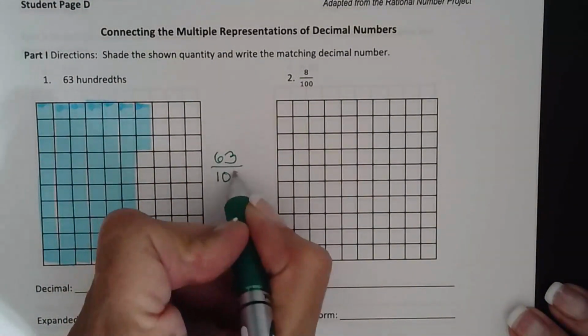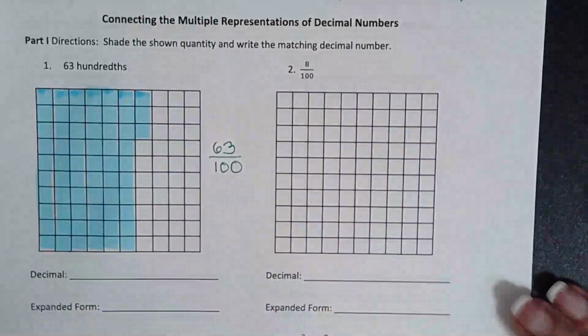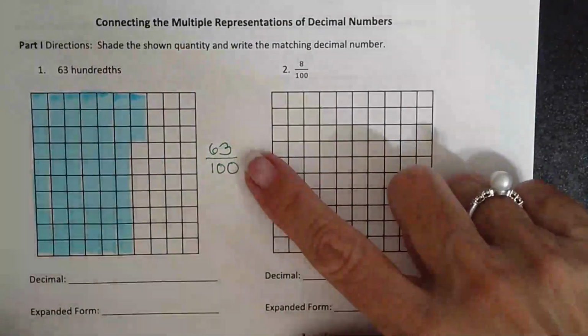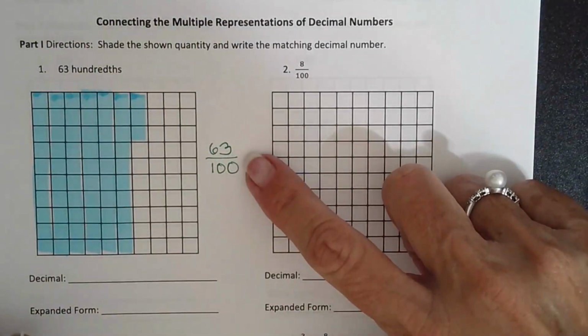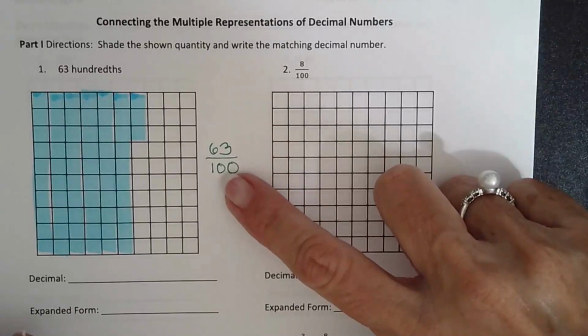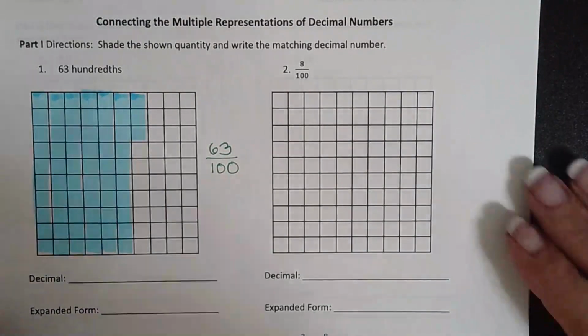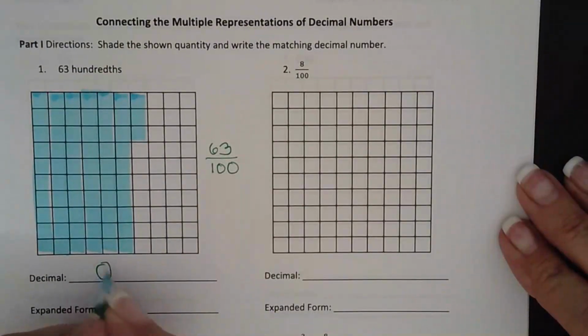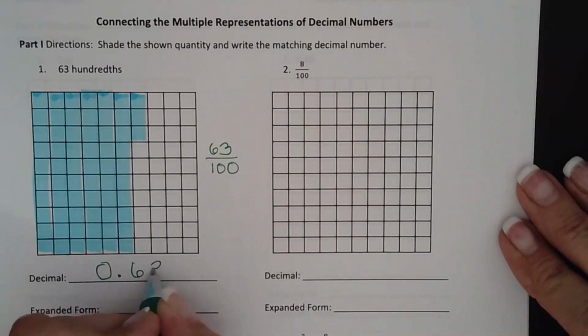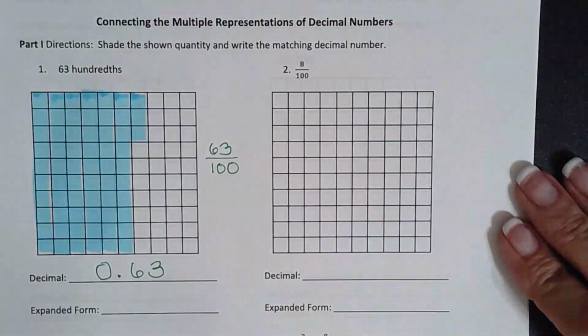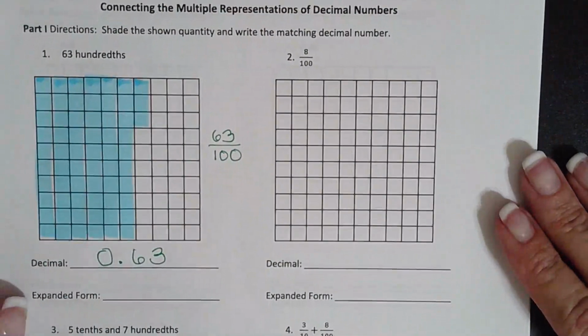So to write that as a decimal, 100 has 2 zeros. So the decimal must have 2 decimal places. That means 2 numbers after the decimal. So it'd be 0.63. And that's read as 63 hundredths.